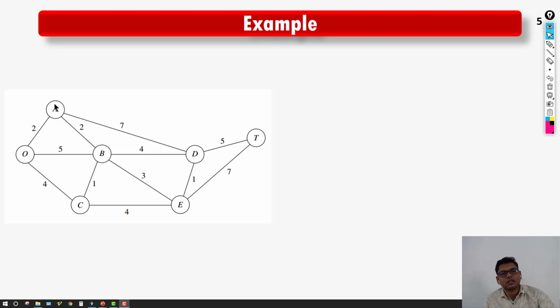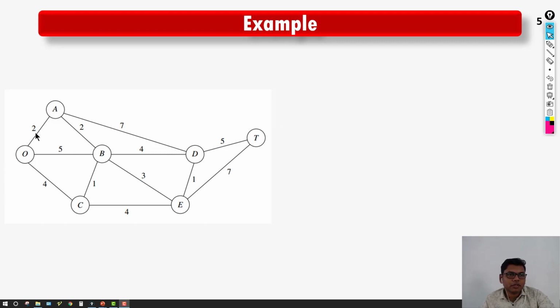Now it is a park management problem. They want to maximize how many trips are possible from O to T, maximum number of trips from O to T. So that is the maximum flow problem.